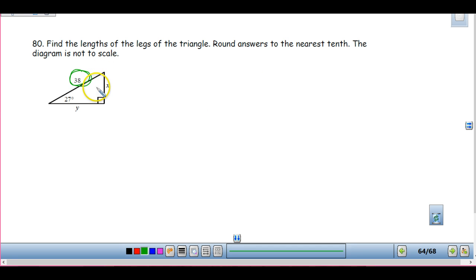In number 80, exact same thing. We have the hypotenuse, so we're using sine and cosine. Our angle is 27, so sine of 27 is equal to opposite x over hypotenuse, 38.